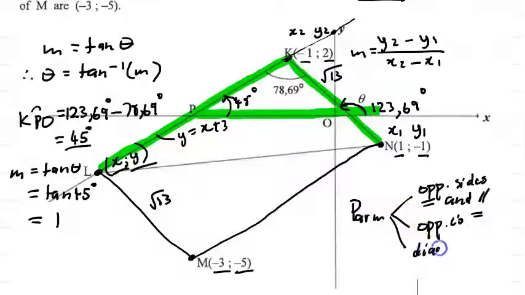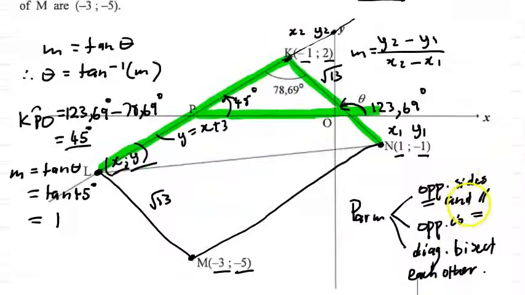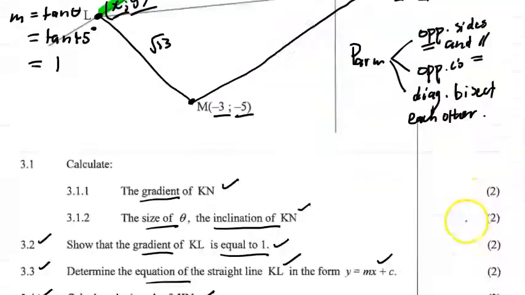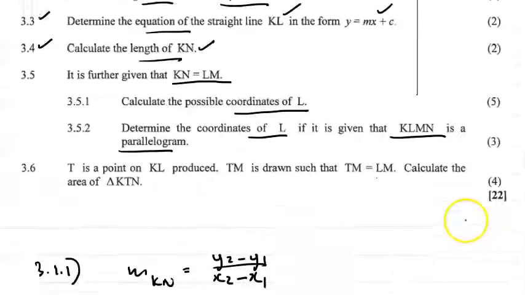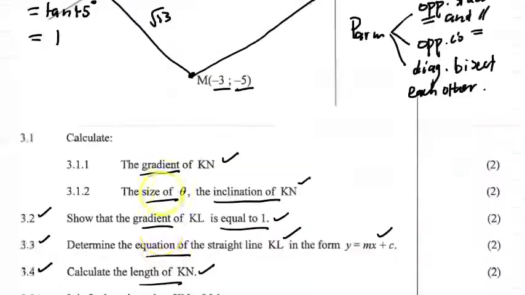So let's write that down: diagonals bisect each other. Right, so these are the three main properties of a parallelogram. We need to use one of these properties to solve this question. They're telling us once again, determine the coordinates of L, given that KLMN is a parallelogram.